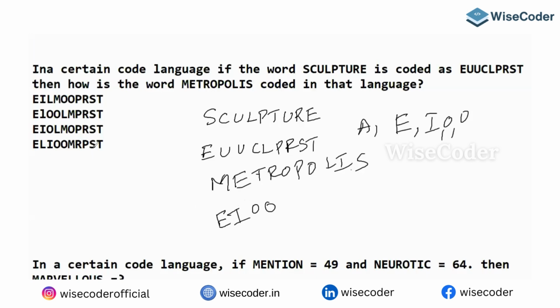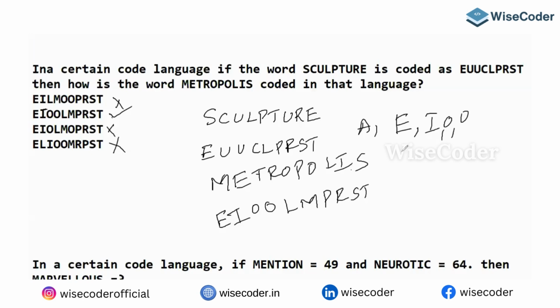So verify the options. This is I, so I, double O. This is there, this is there. So you can say directly your answer is the second option. EIOO, then LMPRST. So what is the logic?